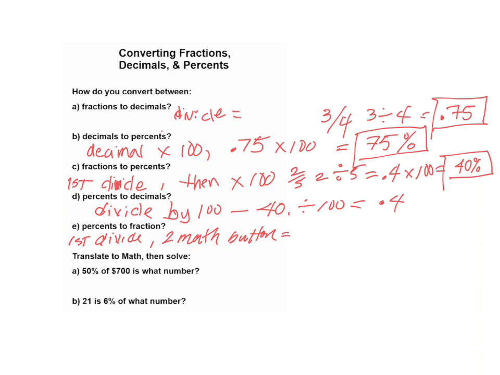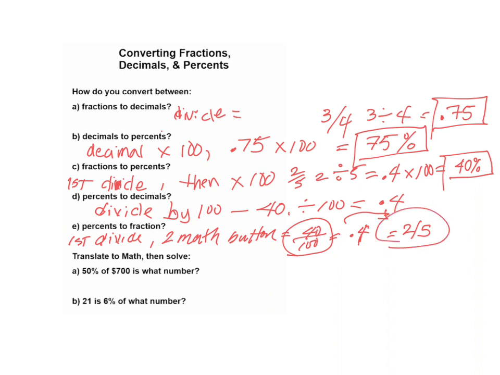So, let's say 40% divided by 100 is going to be 0.4. And if you hit your math button and then enter twice, you get 2/5. You could also note that this is a fraction, which if you reduce it down equals this fraction.